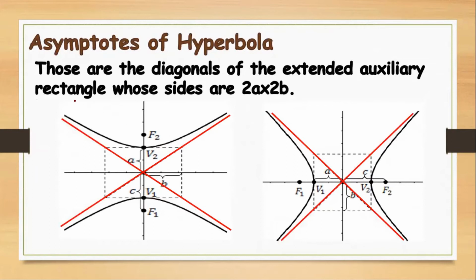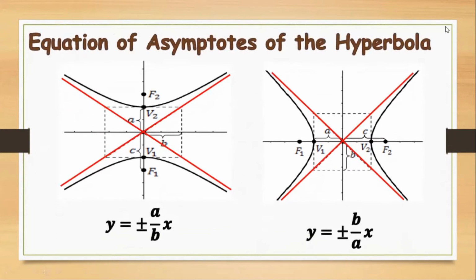And also, we have here the asymptotes of the hyperbola. Those are the diagonals of the extended auxiliary rectangle whose sides are 2a by 2b. So this diagonal is the asymptote of our hyperbola, this one, and also this one and this one. And the equation of our asymptotes is y equals positive negative a over b x.